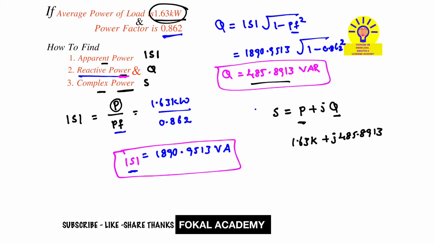The unit of complex power is volt-amperes, for apparent power the unit is volt-amperes, for reactive power the unit is volt-amperes reactive, and for average power the unit is watts. Here, volt-ampere.